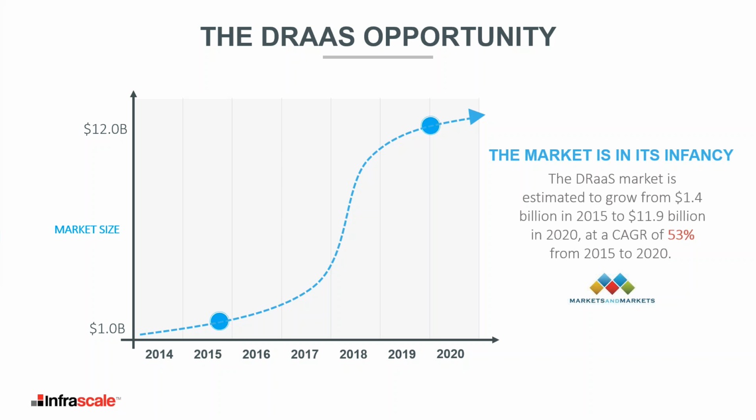So this is a huge market. And despite this surging market, most channel partners out there have yet to really focus on the DRaaS business. And that really means that you risk falling behind. So this is really a great time to explore the potential of a cloud-based disaster recovery service now.